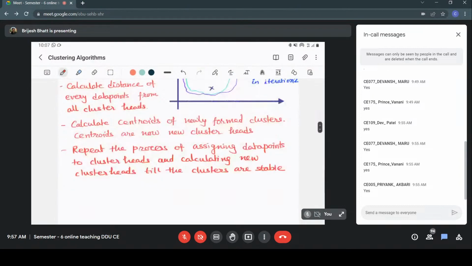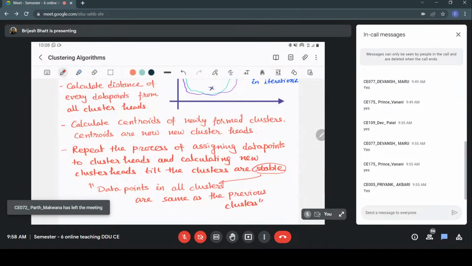What do I mean by a stable cluster? Stable cluster means data points in all clusters are the same as in the previous clusters.